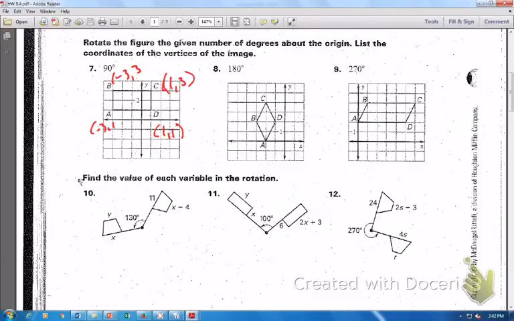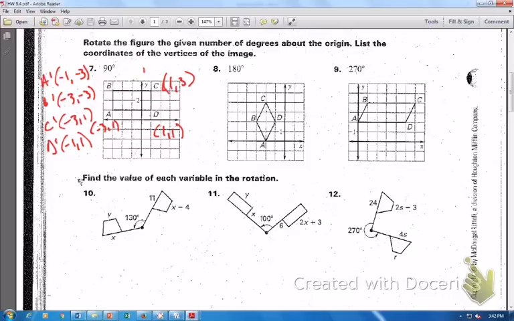So new points, A prime: switch the x and y and then change the sign on the new x, so you get negative 1, comma negative 3. B prime would be at negative 3, comma negative 3. C prime would be at negative 3, comma 1. And then D prime would be at negative 1, 1.